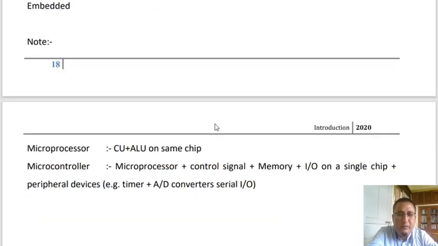An important thing that you need to further note is that a microprocessor has a control unit and ALU on the same chip, whereas a microcontroller has a microprocessor, control signals, memory, I/O, and peripheral devices on a single chip, and it has a mechanism to interact with the peripheral devices, such as timers and converters, and so on and so forth.